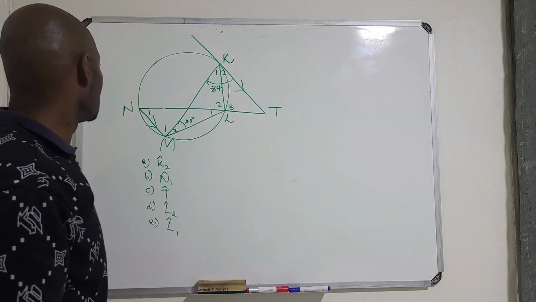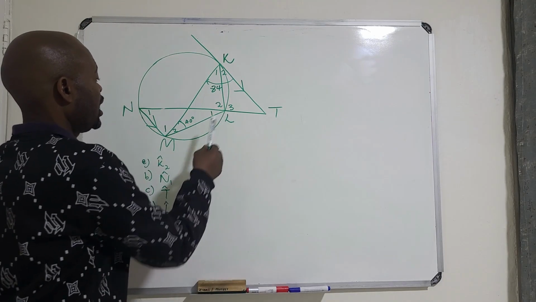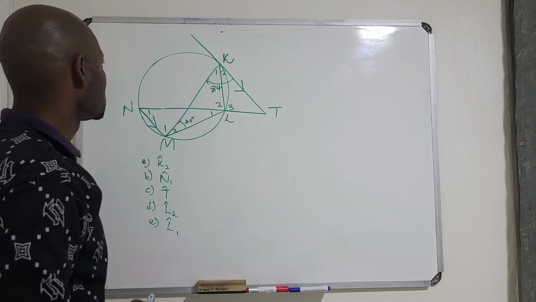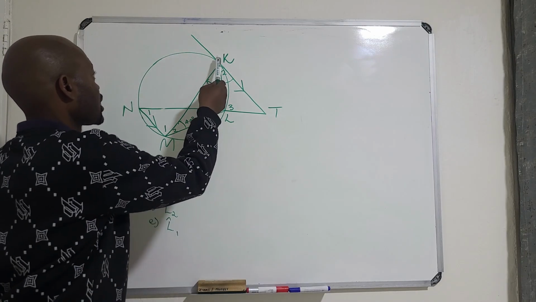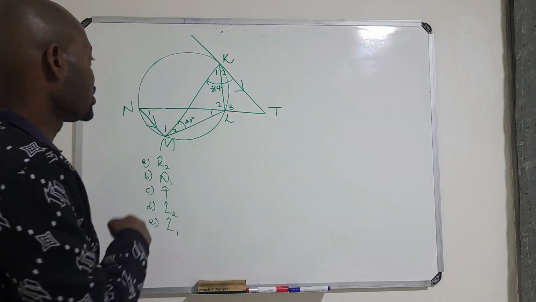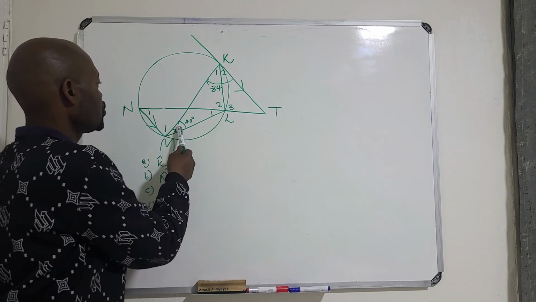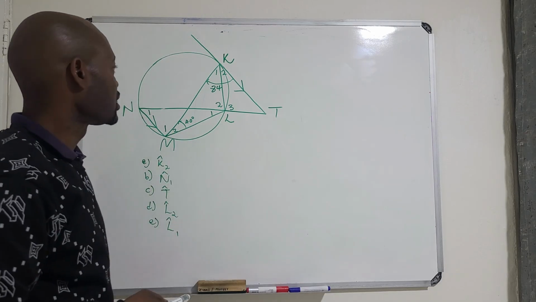And we are also told that NT cuts the circle at L. We are also told that triangle KML is drawn. Then we are told that angle M2 is equals to 40 degrees.